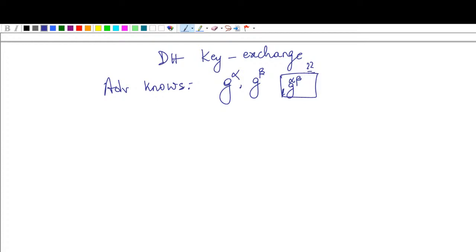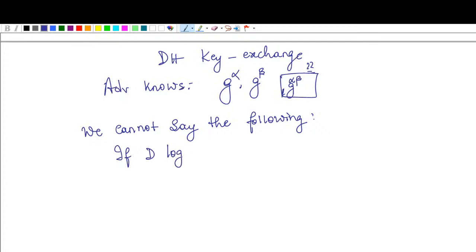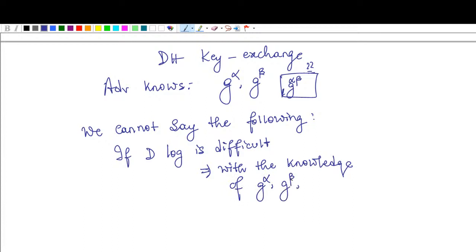We cannot say the following: that if D-log is difficult, then with the knowledge of G power alpha, G power beta, the adversary cannot compute G power alpha beta.